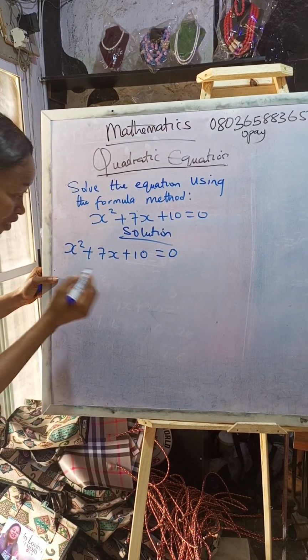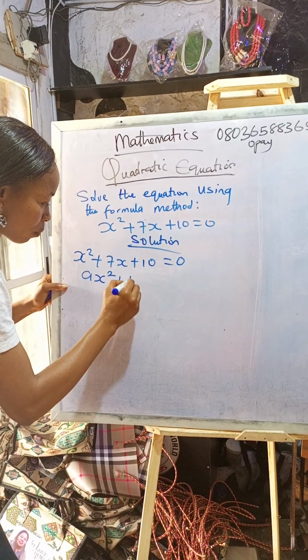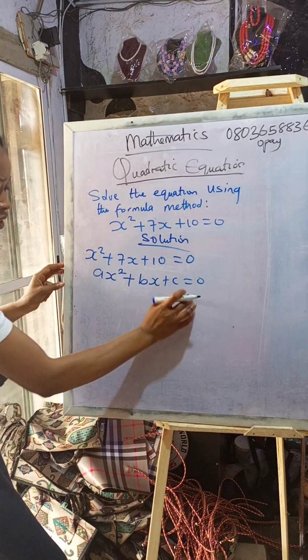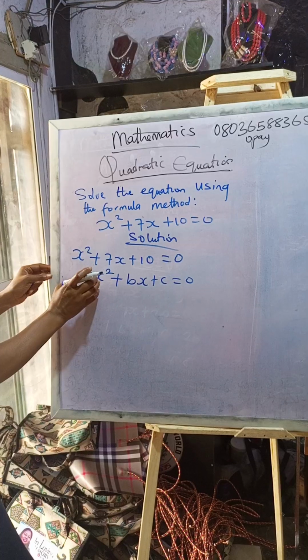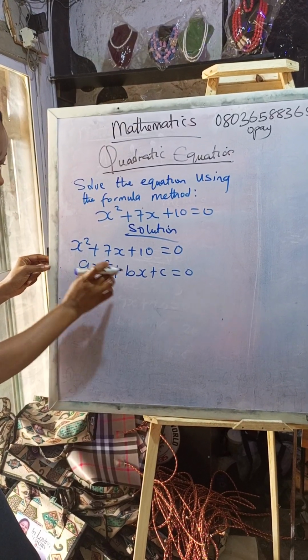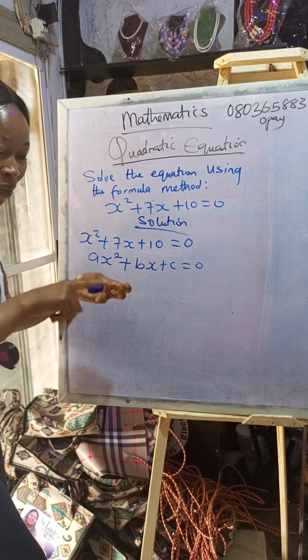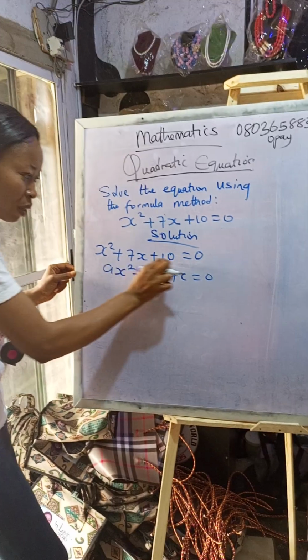Using the general quadratic equation, which is ax squared plus bx plus c equal to 0, this will give me the idea of my a, b and c, because the quadratic formula has a, b and c in it. From this equation you will see that it's similar to this.